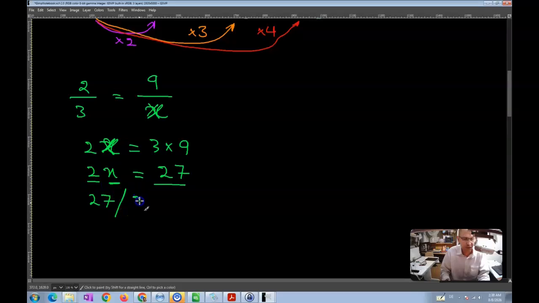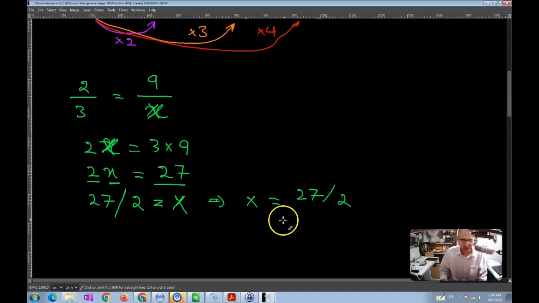I'm going to divide by 2, and that's going to be equal to the value of x. So x is equal to 27 by 2, which is something like 13.5.